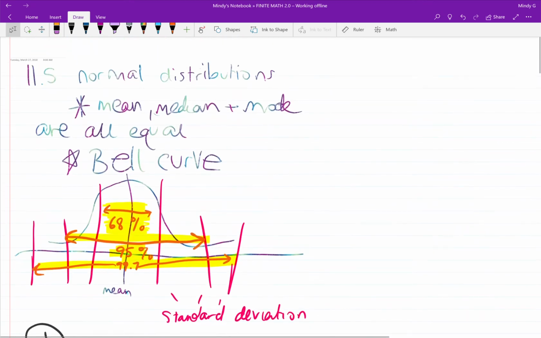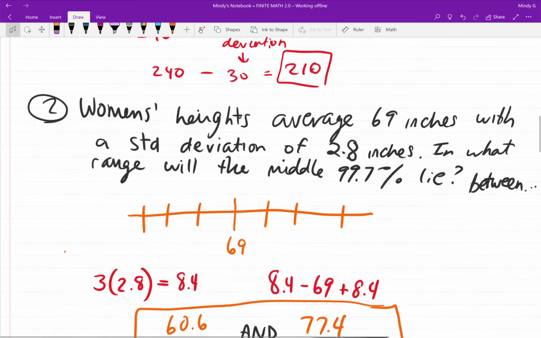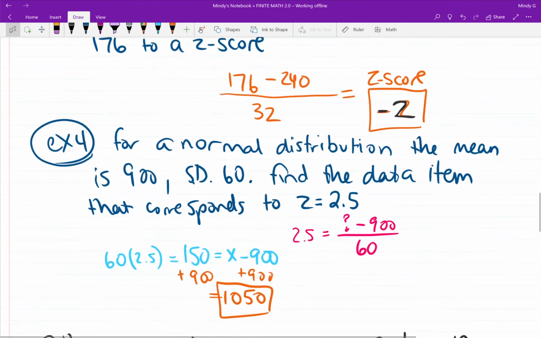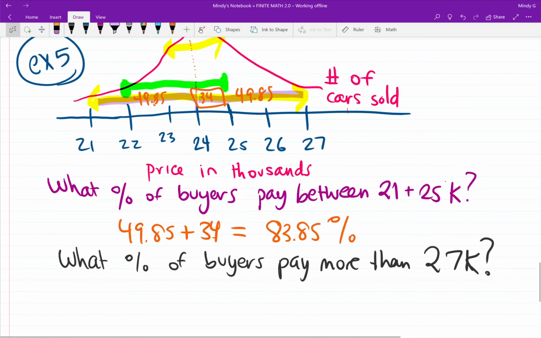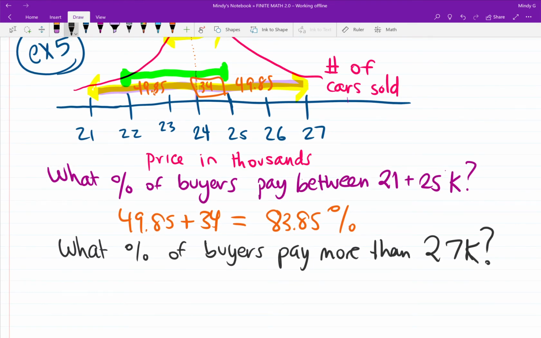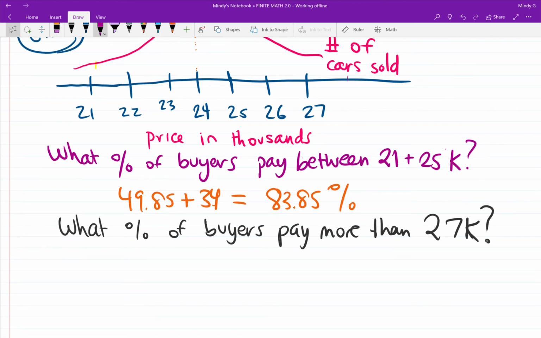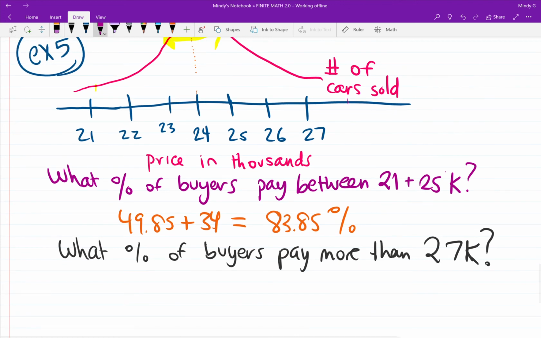You know that 99.7% pay between 21 and 27, right? Just the last little bit. So 0.3% paid above 27 or less than outside of this range. So what is 0.3 divided by 2? 0.15. So 0.15 on this side and 0.15 on this side. Yes? Okay, do y'all understand how the percentages work?